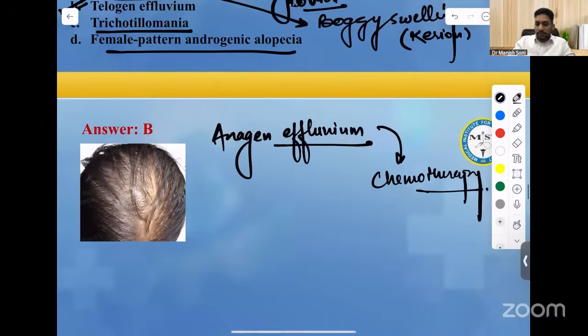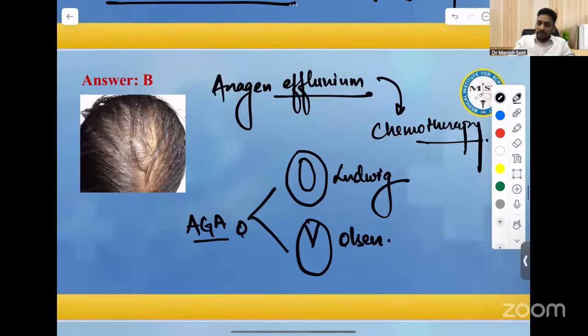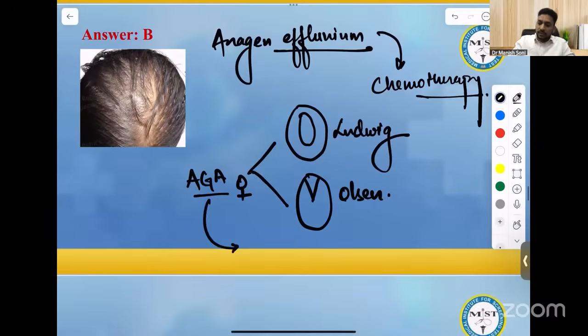And female pattern androgenetic alopecia has two patterns: the Ludwig pattern and the Olsen pattern. Both are seen in females. In males, there is a receding frontal hairline and loss from the crown.